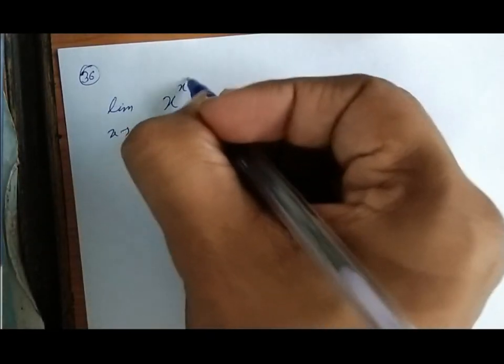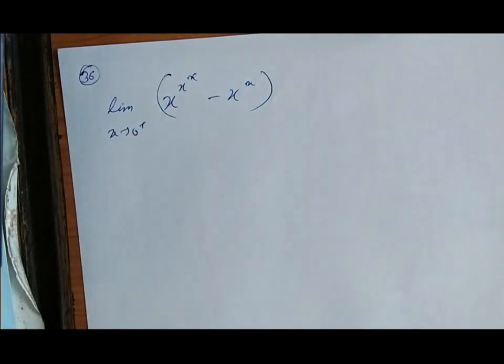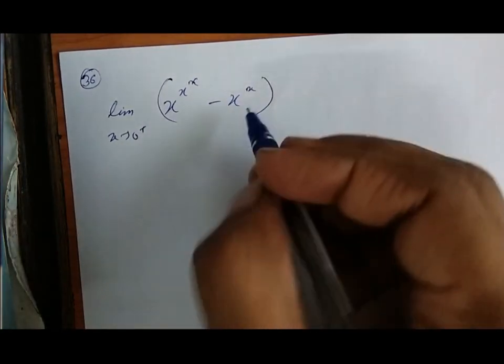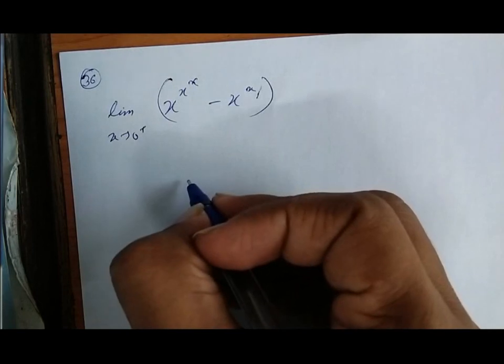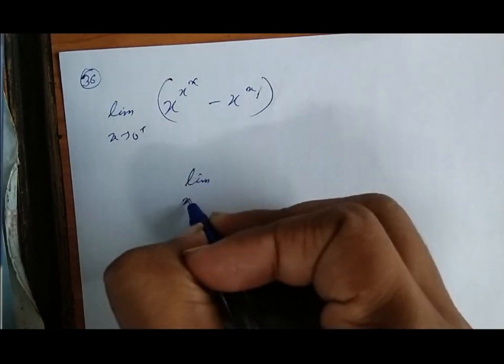So we are given limit x tends to 0 positive, x power x minus x power x. Although it's not a differentiation question, but still let's discuss it. So first we'll calculate which form it is. Let's calculate x power x. When x tends to 0 from positive side, where does x power x tend to?